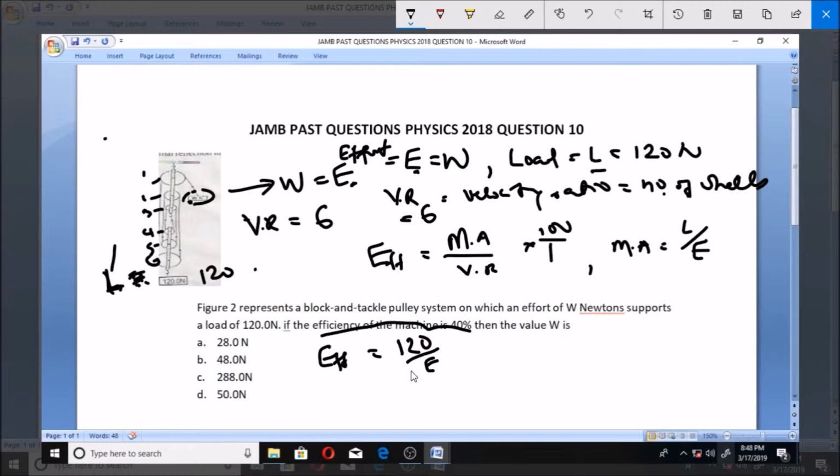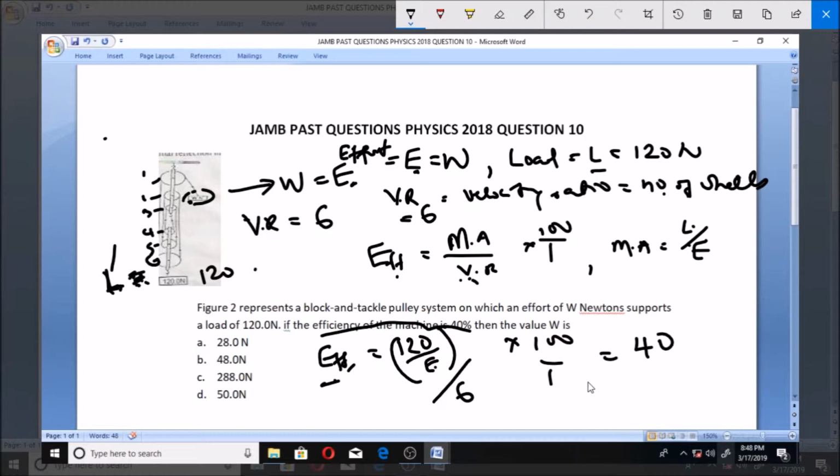Efficiency is equal to MA over VR, and MA is L over E, and L is 120 here, all over E. In place of MA, I'm putting L over E, then all this over VR, which is 6, times 100 over 1. We know that efficiency is equal to 40%, so we can put 40 here.